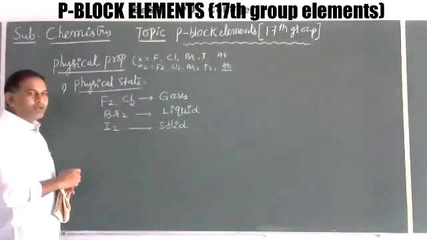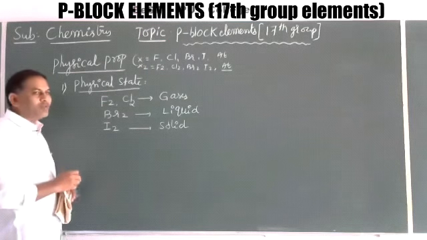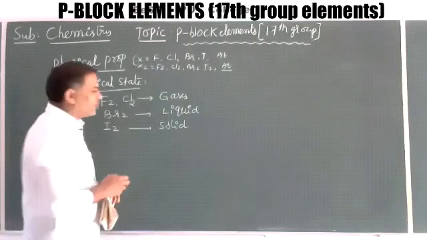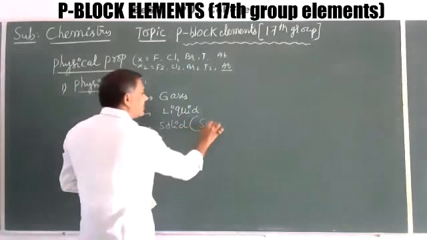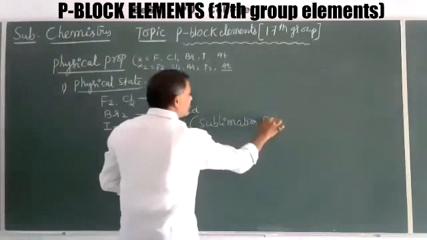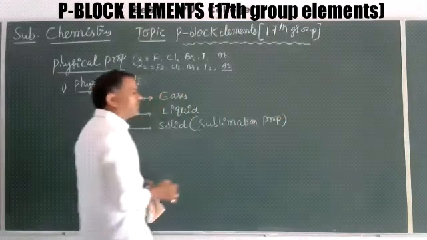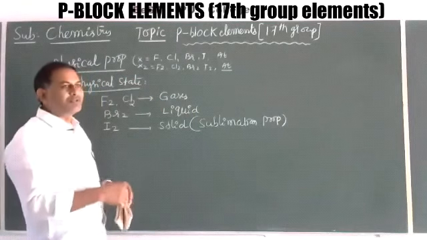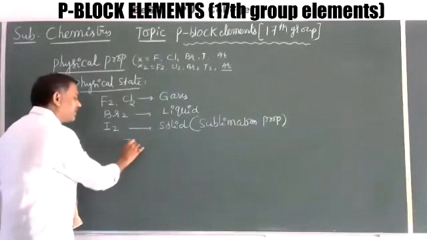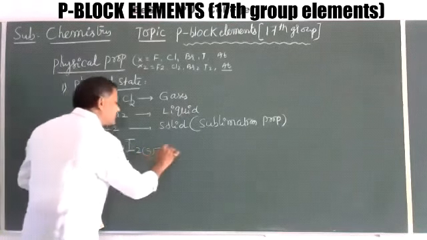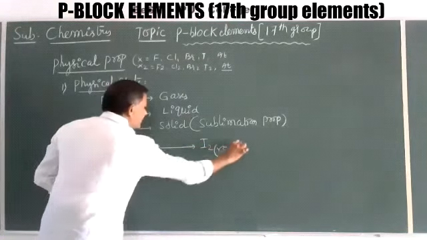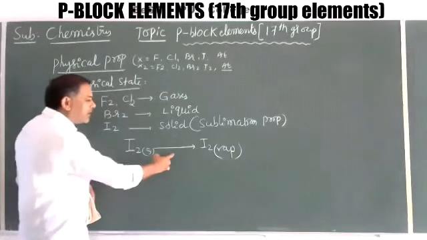Now, this iodine I2 in the solid state shows one very important property, that is the sublimation property. What is sublimation? Iodine shows the sublimation property. At room temperature, this solid iodine is directly converted into iodine vapors without converting into a liquid state.